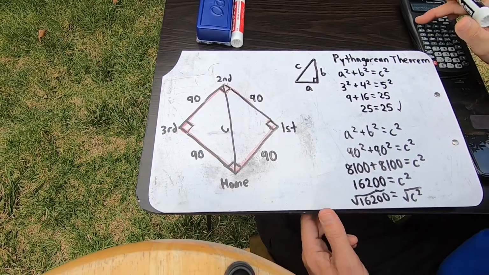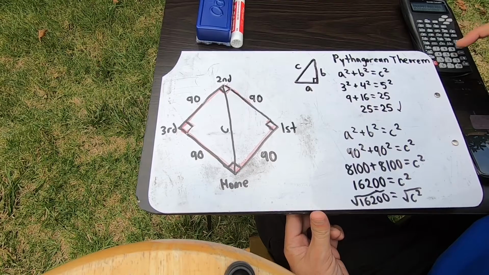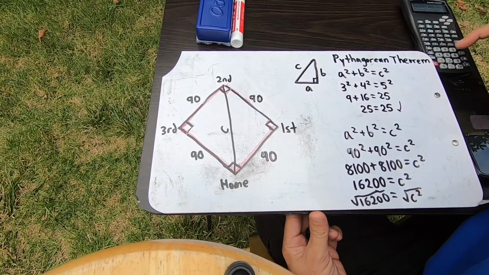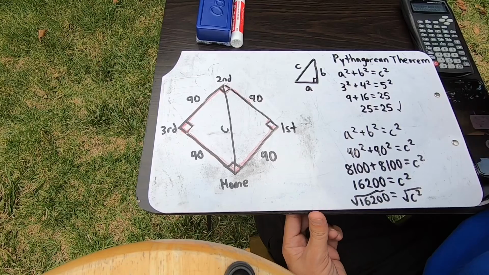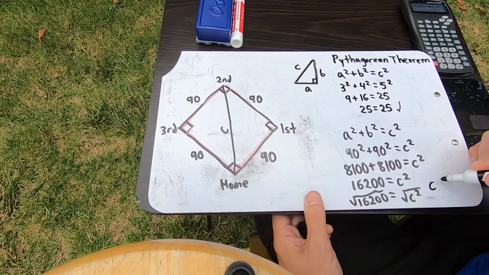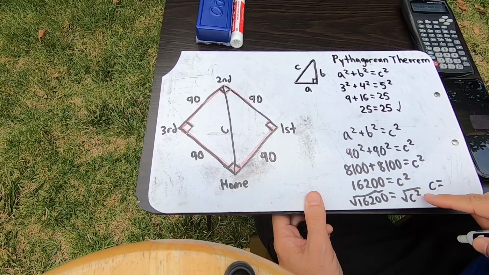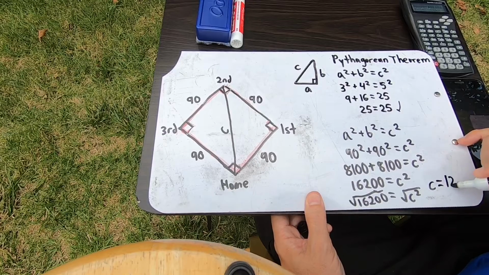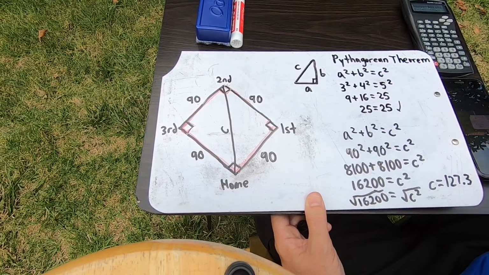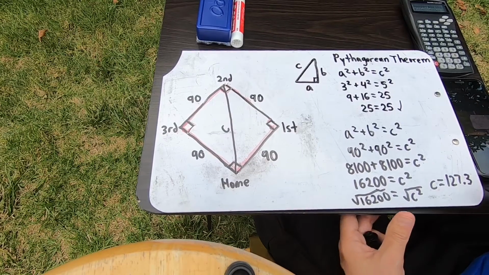The square root of 16,200 equals 127.3 approximately. I'm rounding off to the nearest tenth.